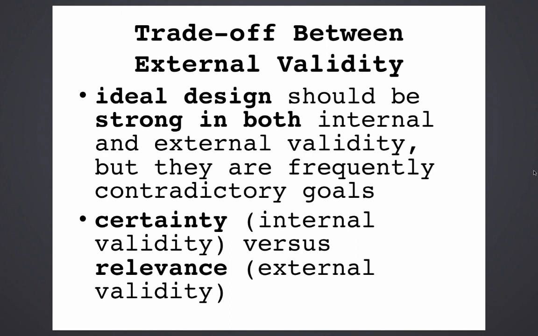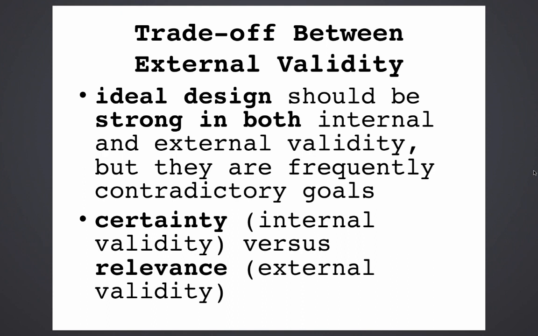Now, before we close off, I just want to finish by talking about the relationships or the trade-offs between internal and external validity. So as you achieve higher levels of internal validity, you're often doing that at the expense of having high external validity. So the more control you implement, the less likely your results will generalize to a more authentic real-world setting.